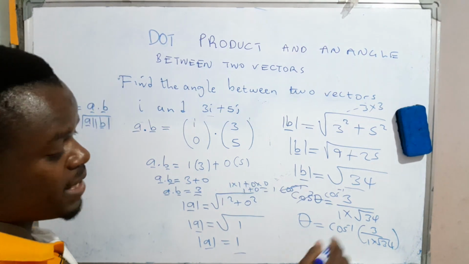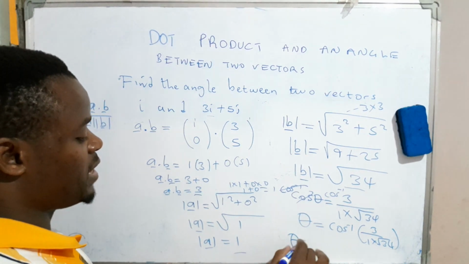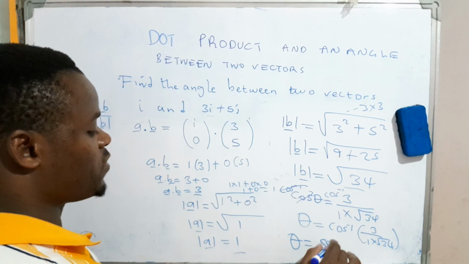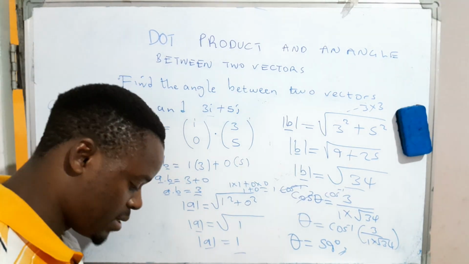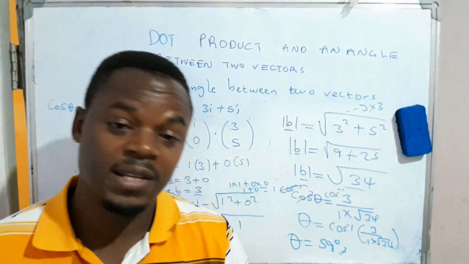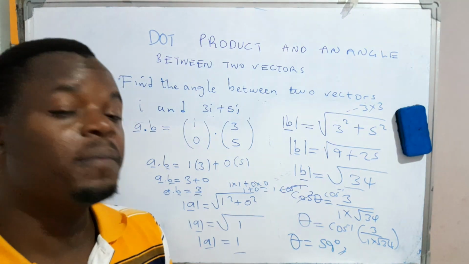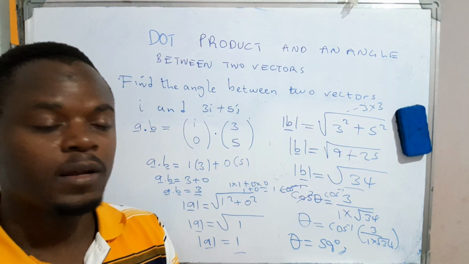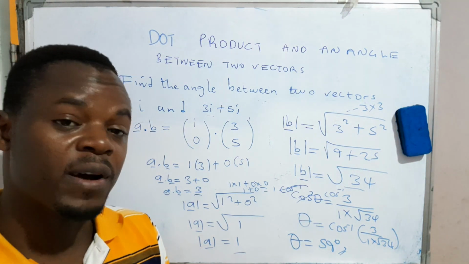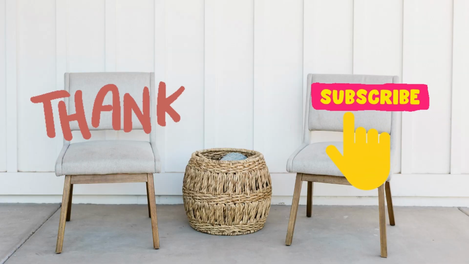When we punch that on the calculator, we're going to have theta equal to 59 degrees. So friends, that's how we find the angle between two given vectors, and how you find the dot product of two given vectors.